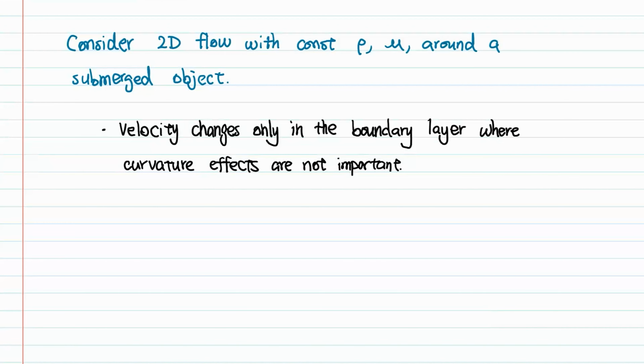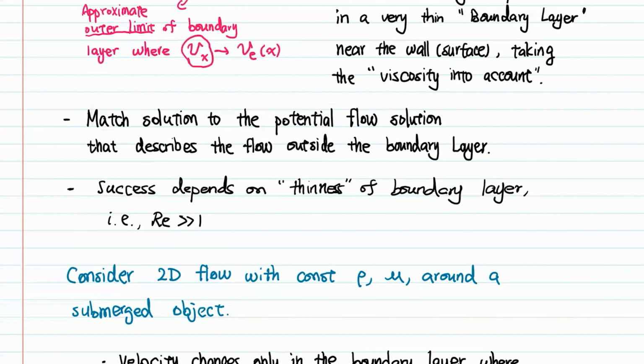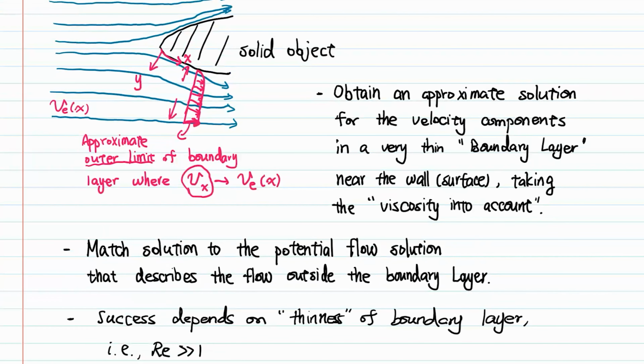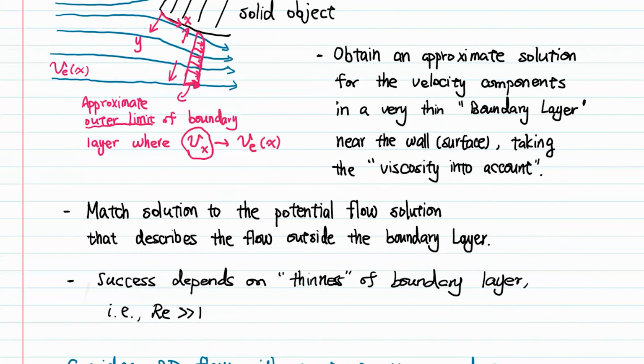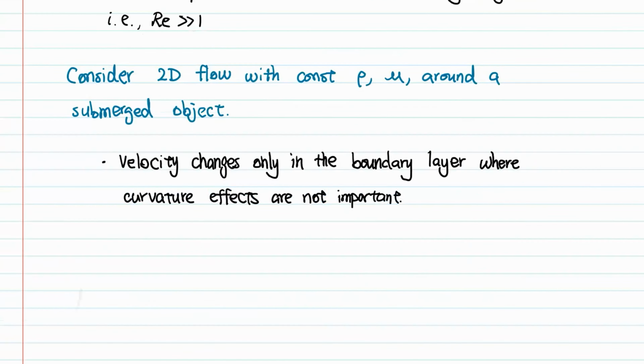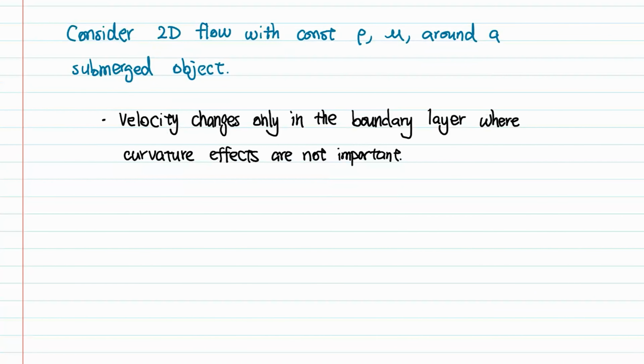Okay, and remember that we've said earlier that we typically would like to define the direction parallel to the solid object being x and the direction normal to that surface being y. So that means that we can set up a Cartesian coordinate system.